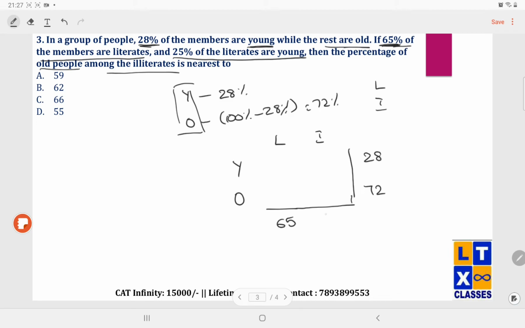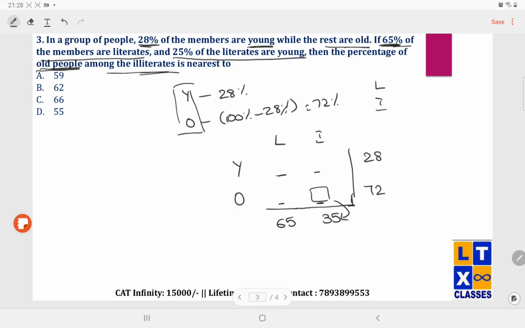If this is 65, then the illiterates are 100 minus 65, which is 35. Now what we are being asked is the percentage of old people among the illiterates. So we need to figure out each of these numbers. Then we can determine how much this is as a percentage of total illiterates, which is 35.